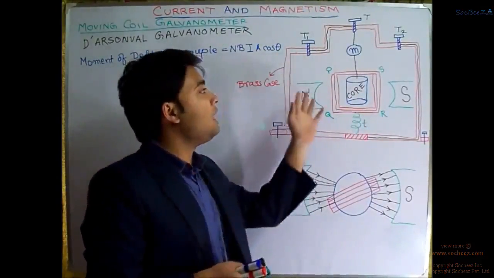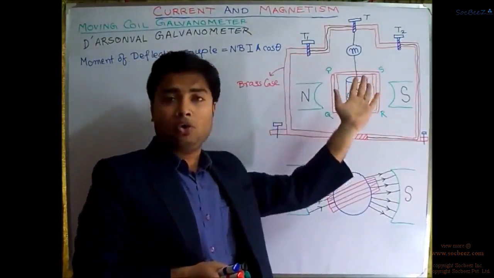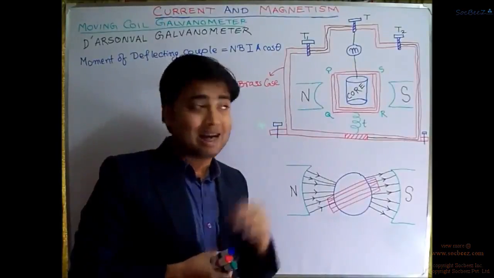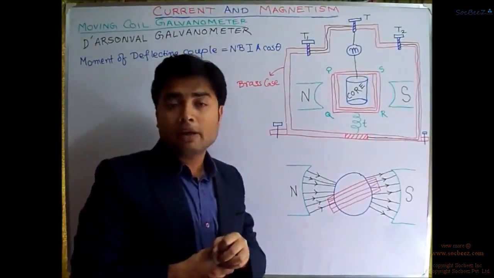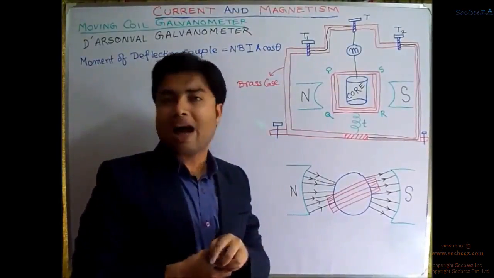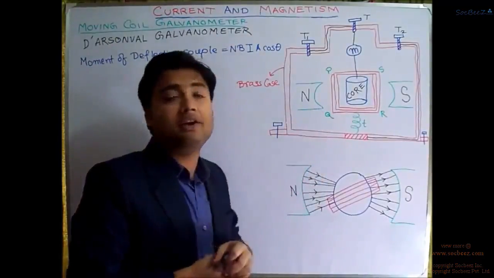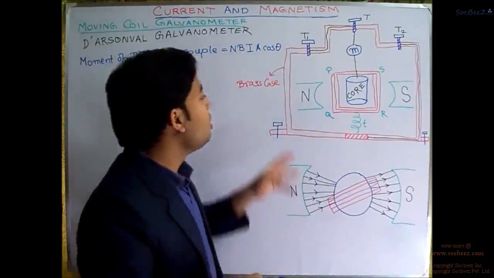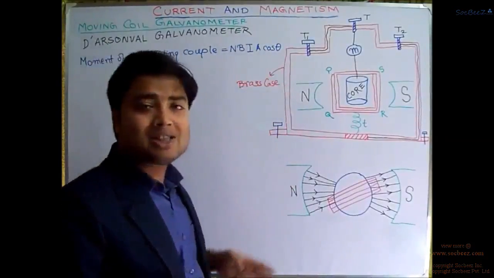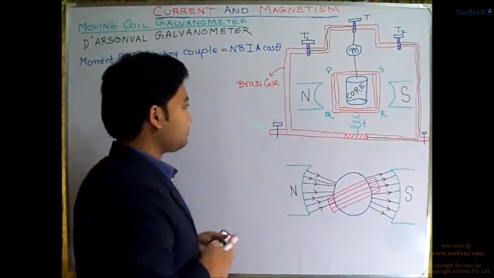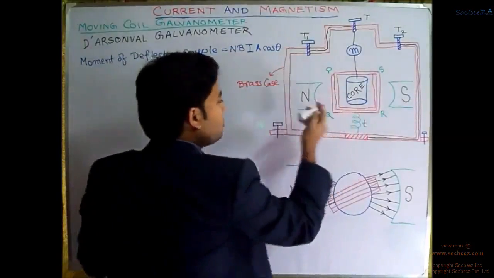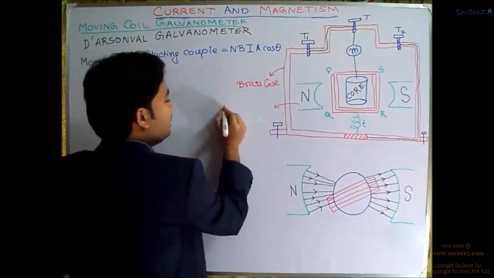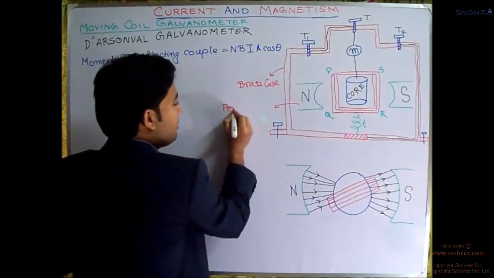So there is a window made up of glass, which we can see through transparently, but it would not allow any kind of air to enter within this entire arrangement, right? So this is made up of brass, and as we know, this North Pole and this South Pole are basically the permanent magnet.